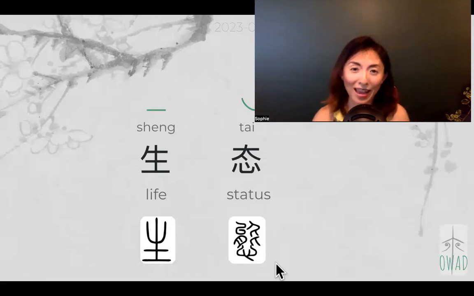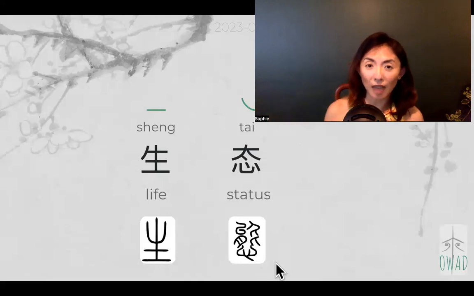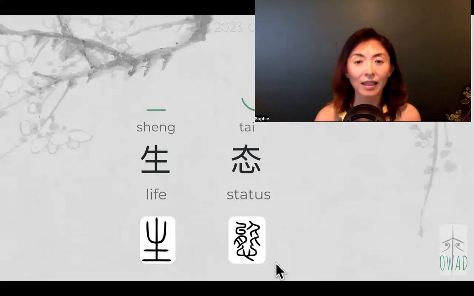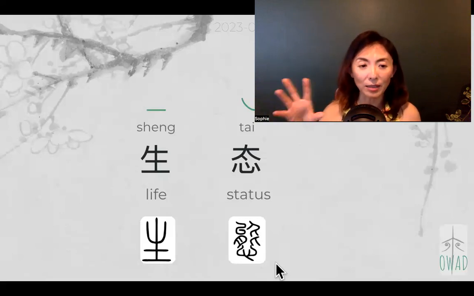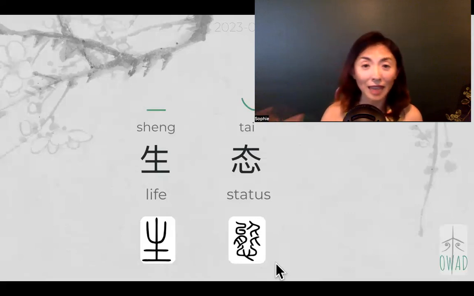So mental strength and physical strength, the two types of strengths combined, show as an indicator of our status, our strength or energy or power or state of being. So this character eventually got further abstracted. It becomes status.